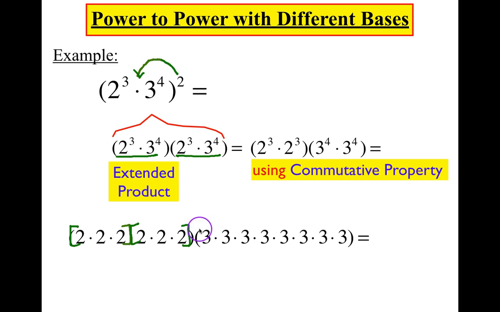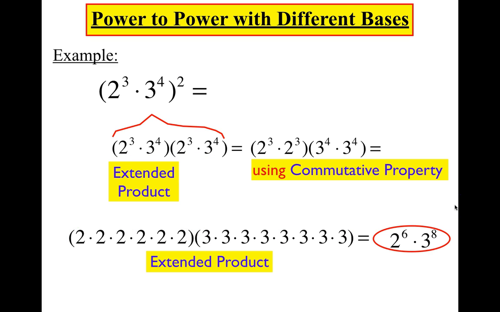Here, there was 3 to the 4th, so my first set was here, and my second set was here. So at the end, I'm going to say there's a total of 6 2's, so that's 2 to the 6th, times, how many 3's are there? 1, 2, 3, 4, 5, 6, 7, 8. So I'm going to write 3 to the 8th power.